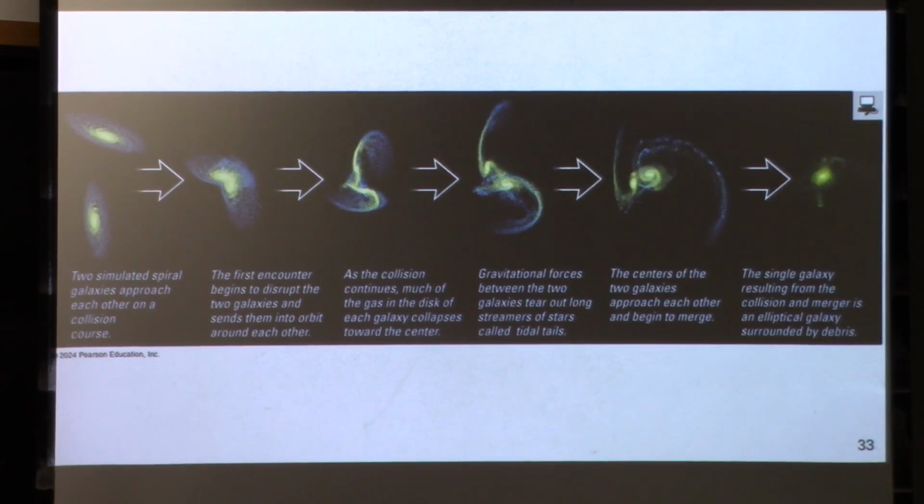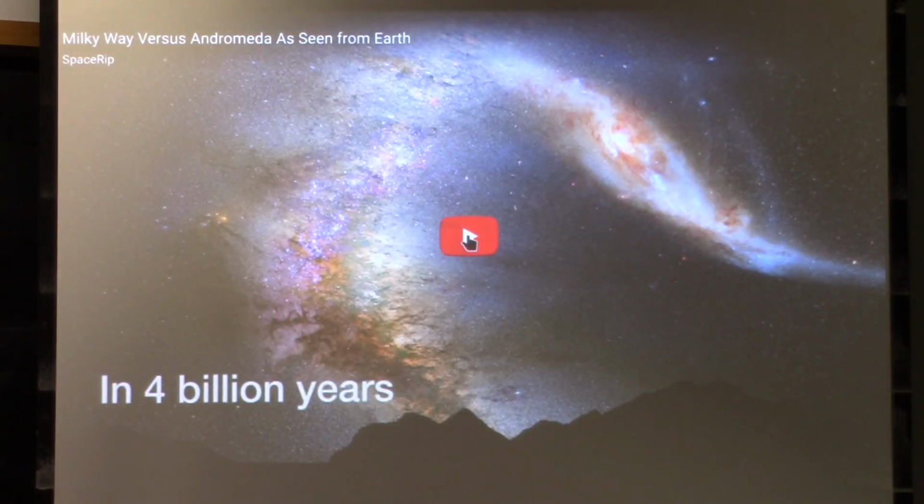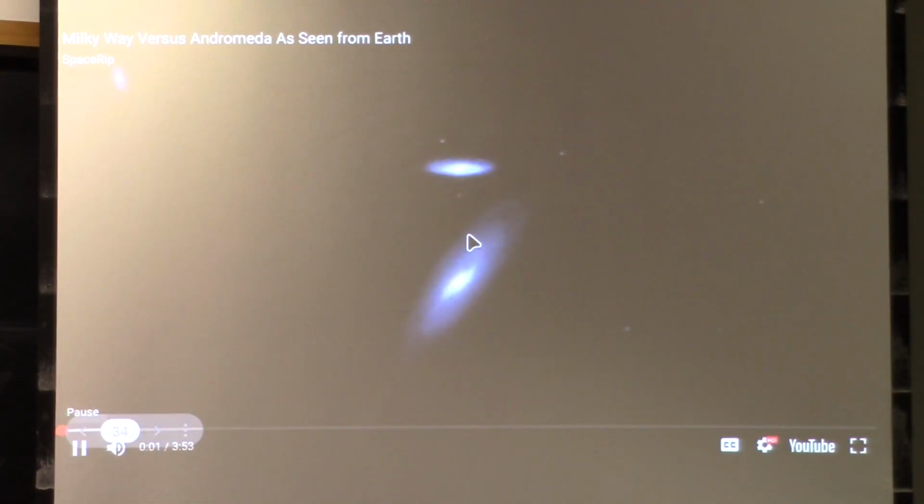So it's not moving very fast sideways relative to our line of sight. But careful measurements seem to indicate it's on a collision course. And in about 5 billion years, this is going to be the result.